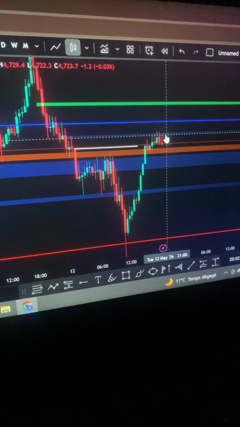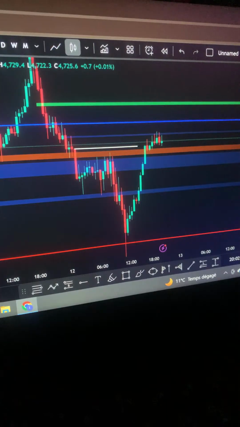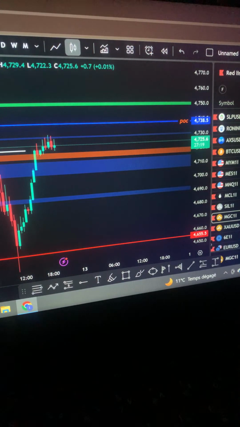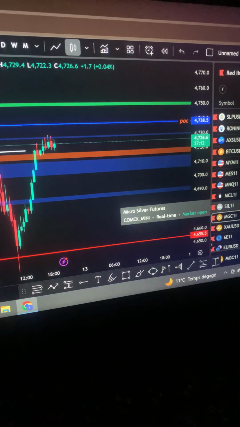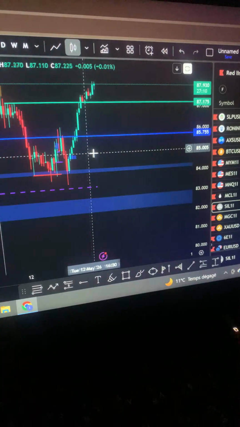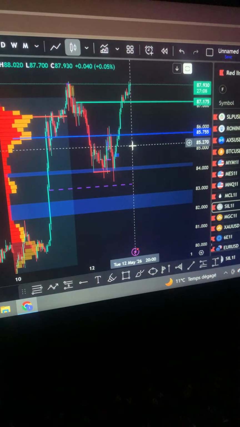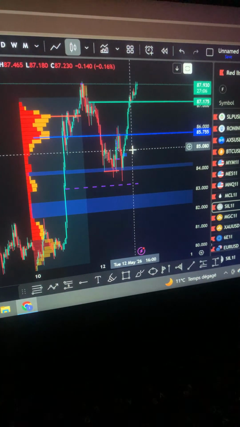So this is the gold chart, but first of all, we are going to talk about very insightful information about using the volume profile in trading forex or crypto, but we will mainly focus on crypto, and also gold.